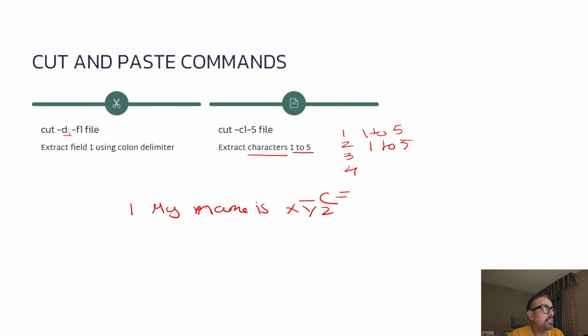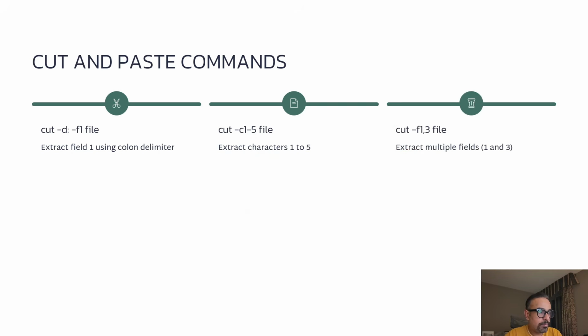When we are using F1, it is counting the word, it is working on the word. And when I am using C1, it is working on the characters, character by character. Understood?